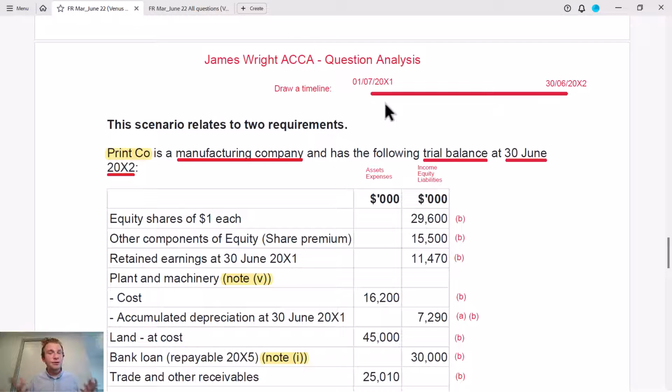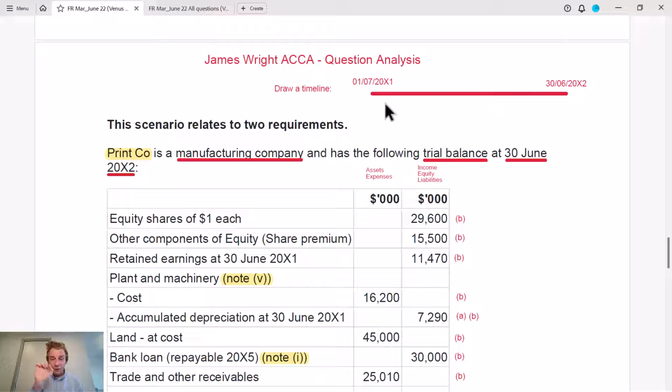So when your financial reporting exam asks you to produce a statement of profit and loss, you would go, right, I know where we're going with this. Revenue less cost of sales gives me my gross profit. Deduct any other expenses such as admin costs, and any other expenses we may be given in the trial balance. From that, we'll have our operating profit, then deduct any tax and interest, giving me my net profit at the end.